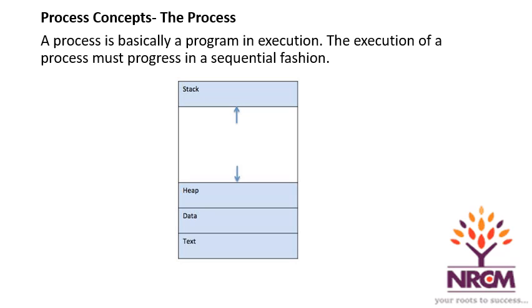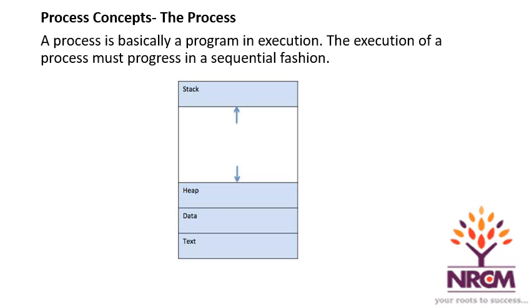Until the program is loaded into the memory, it is stored in the secondary memory. Once we run the program, it will be loaded into the memory and some memory will be allocated to that program. So the program under execution is called a process.